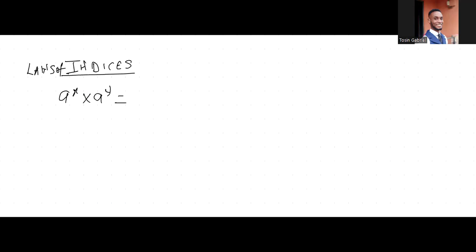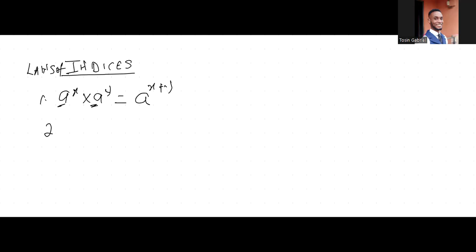So when you have something like this, what you simply do is that if the two functions multiplying each other have the same base, like this is a and this is also a, you pick one of the a, then you add the powers together. So when you have a raised to the power of x multiplied by a raised to the power of y, it's going to be a raised to the power of x plus y. That is the first law. Then the second law is the second law.